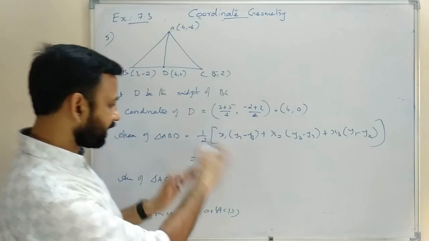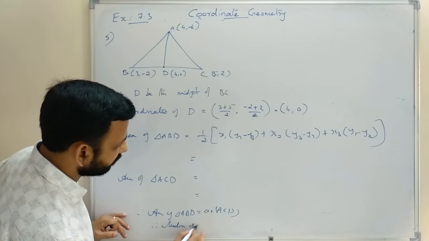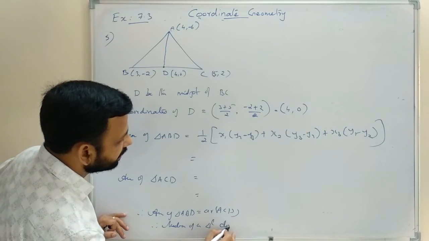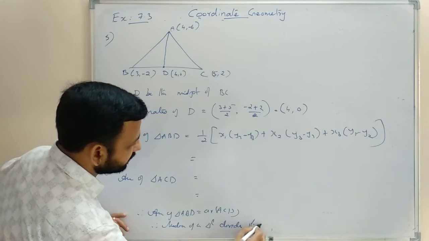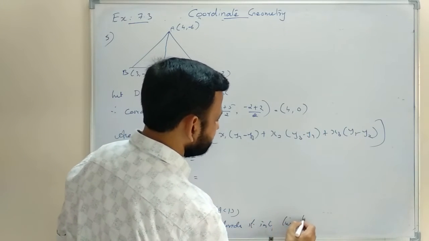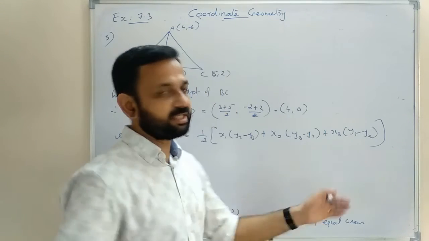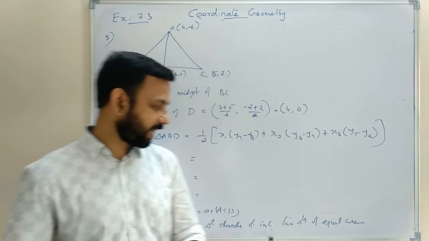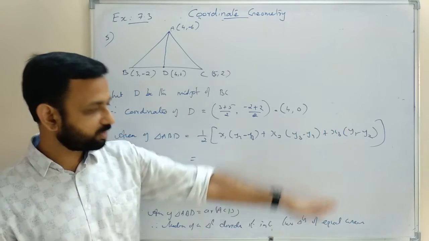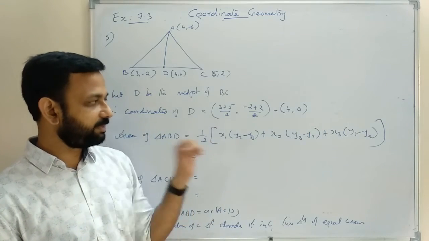When you get the same answer, we can write: therefore the median of a triangle divides it into two triangles of equal areas. So we can write this statement. Here both the areas will be the same.